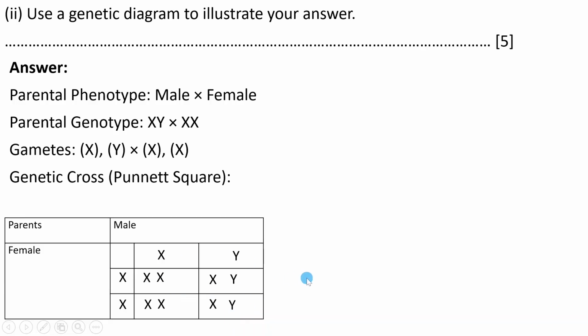So what does that mean? It means that the offspring genotype are 1XX and 1XY.